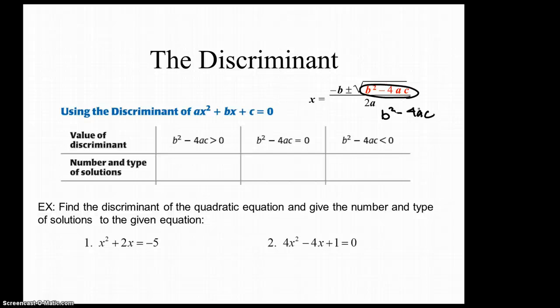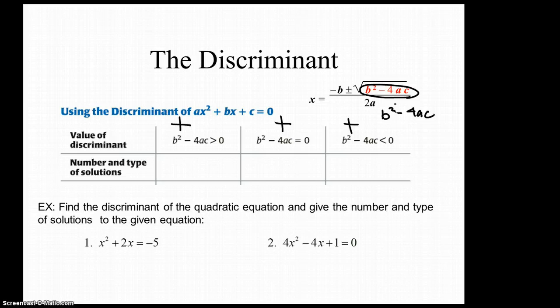Later on, we'll talk about what the solutions mean, meaning if you have a graph, actually just talk about it now. If you have a graph, then with regard to the number of solutions, if it is a positive number underneath the square root, then you'll be adding something and then subtracting something like we did for the previous one.